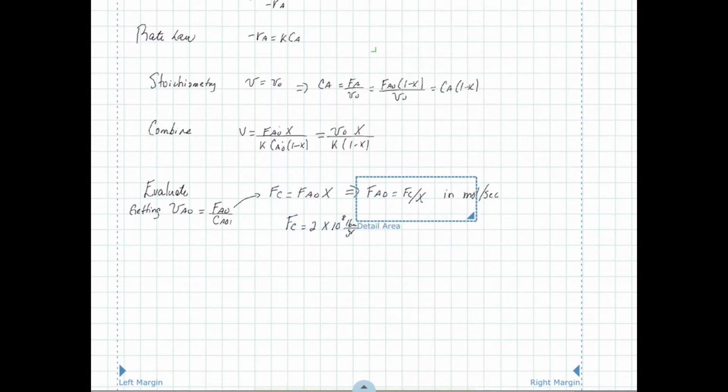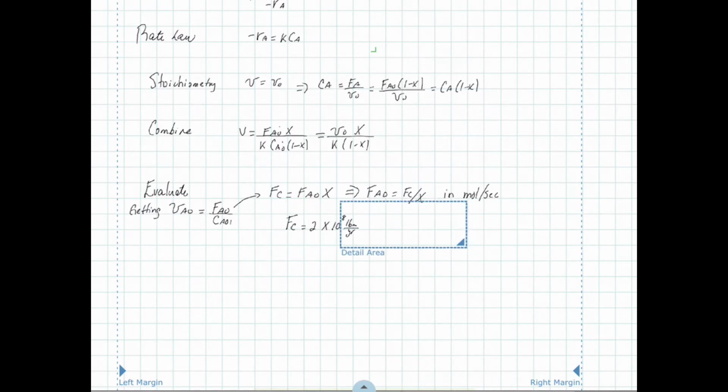We're trying to get that information in terms of mole per second. So what we're going to do is convert the amount produced of ethylene glycol, which is species C, with a simple unit conversion.